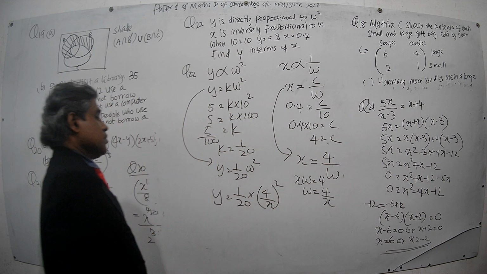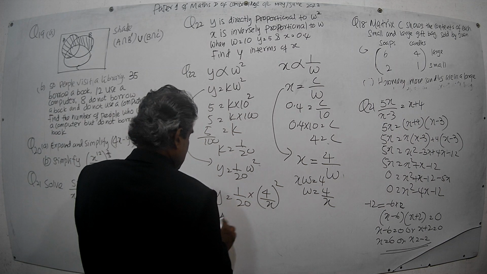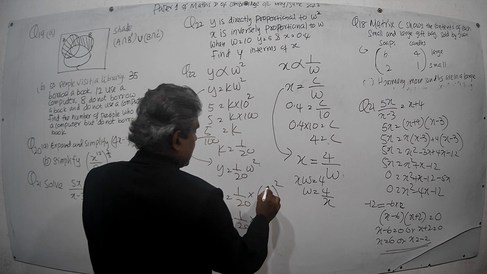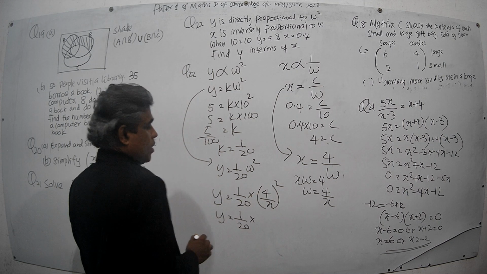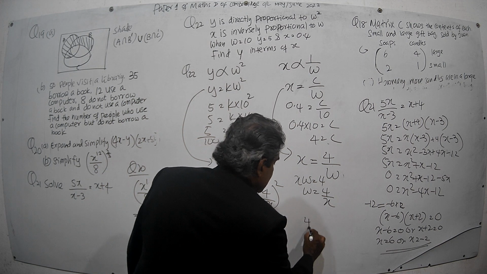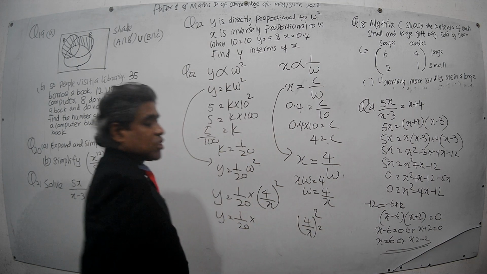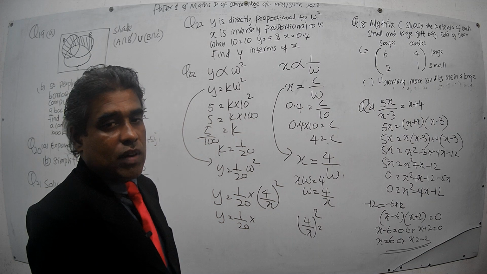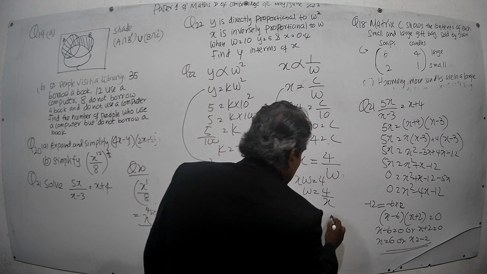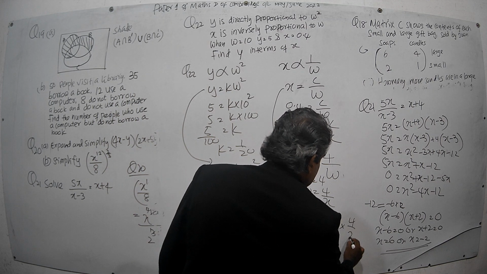Then you simplify. y equals 1 over 20 into 4 over x squared. 4 over x squared means 4 over x into 4 over x, where x squared means x into x.